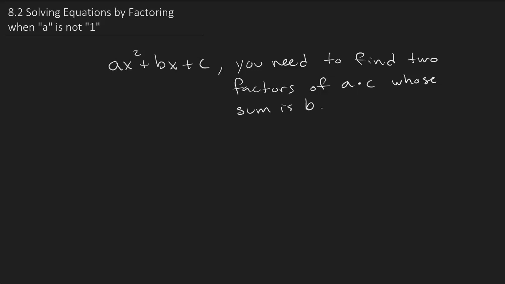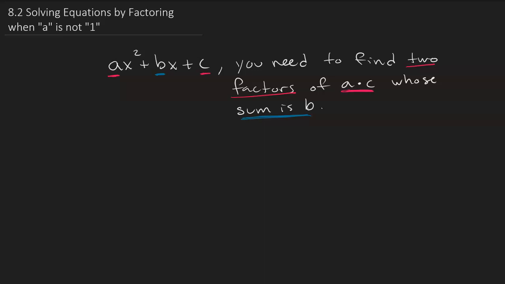Let's go ahead and color code this. So I have my a and c, and I need to find two factors of the a times c whose sum is b. So I'm trying to figure out whose sum is b.